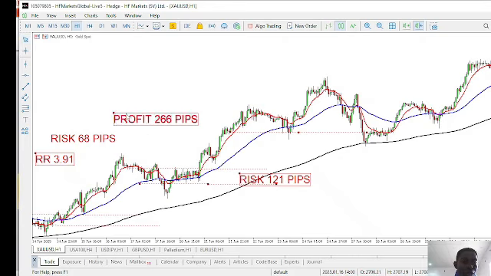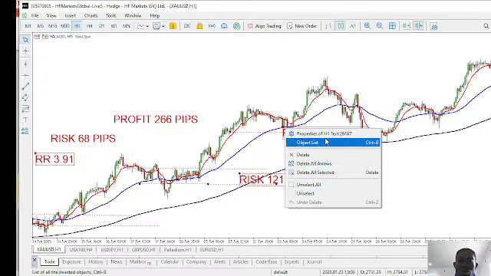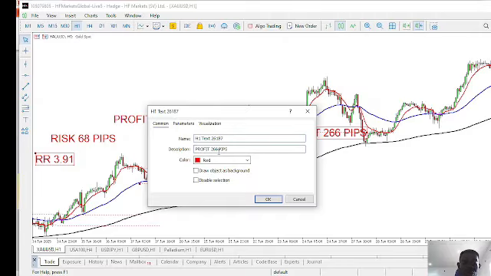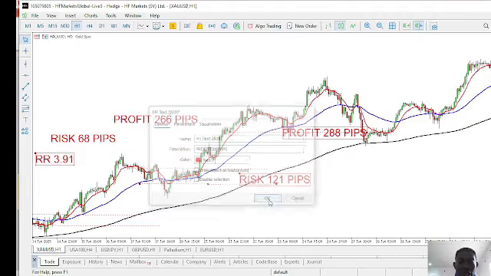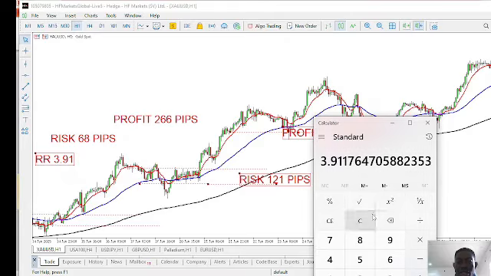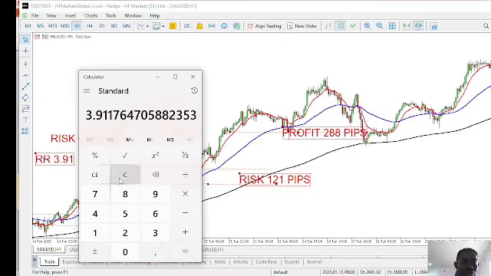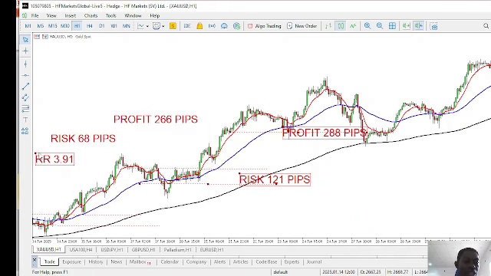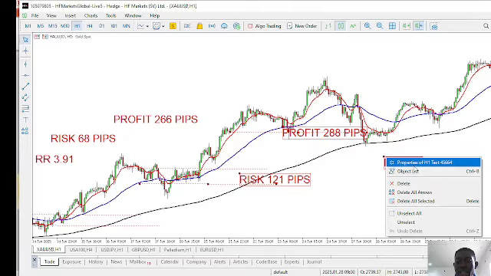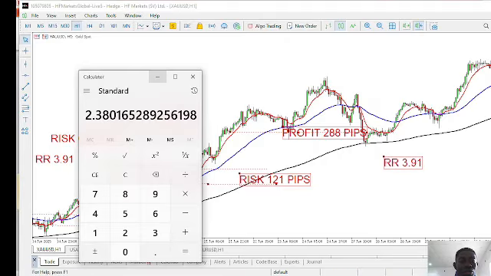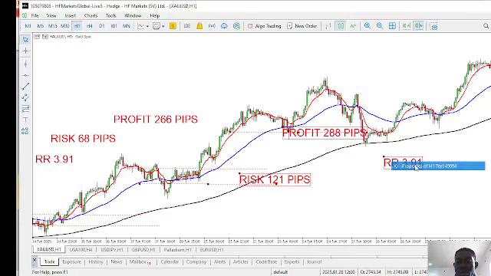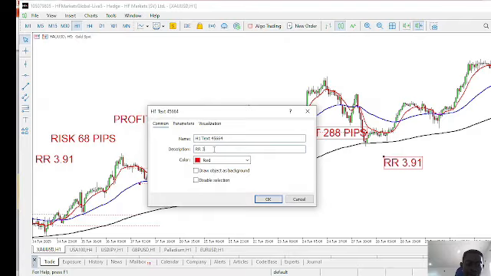Then the profit will be 288 pips. And if we want to check the risk to reward ratio, 288 divided by 121, that's 2.38 risk to reward ratio.